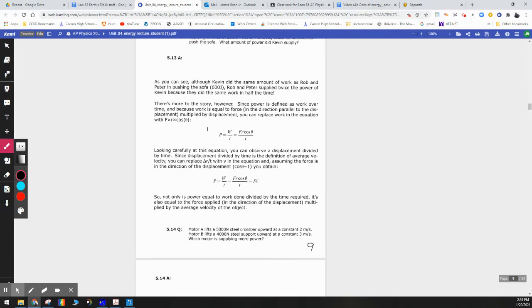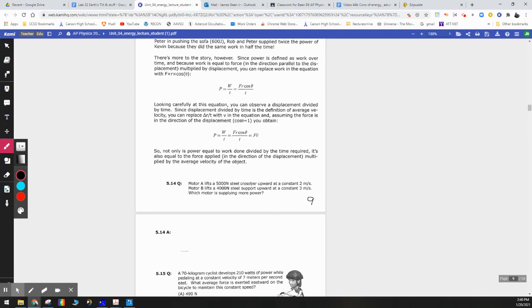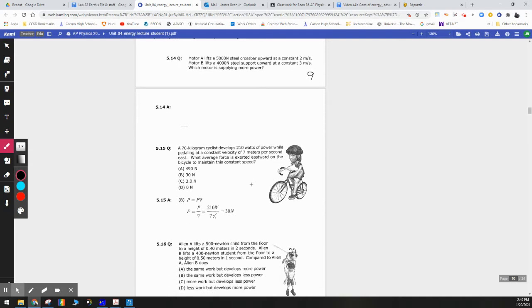Now go ahead and read this paragraph right here. We talked a little bit about this, but again, it's talking about another way to describe power, which is force times average velocity. Here is 5.14. Go ahead and look at this and try to answer 5.14.